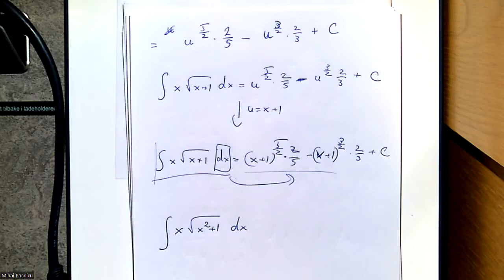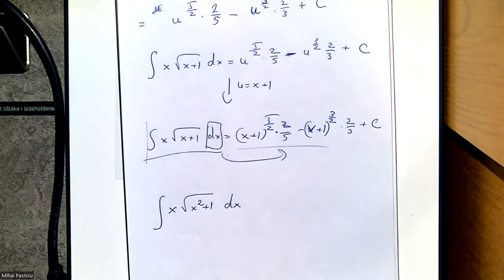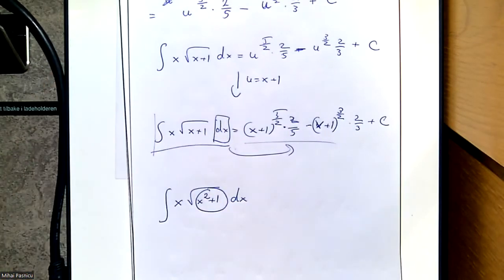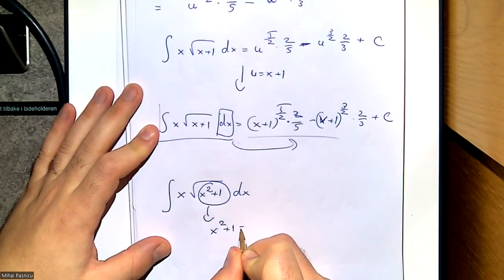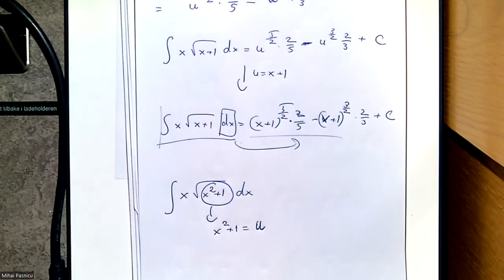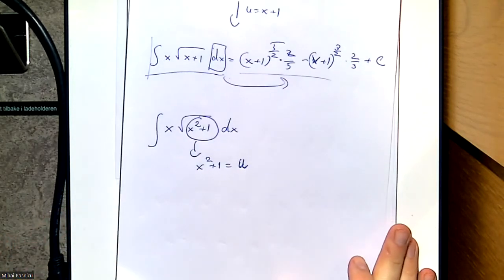Well, let's see. I'll just use the substitution method again. My intuition is what's underneath the square root is bad. So I say x squared plus 1 is equal to u. Okay? Good. Now, what did I say was the next step?